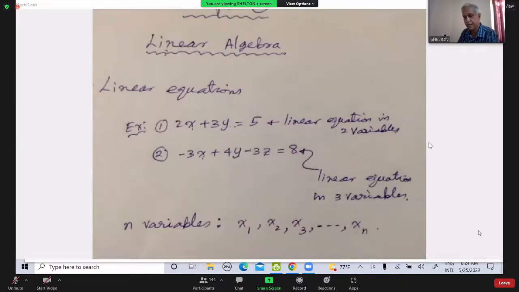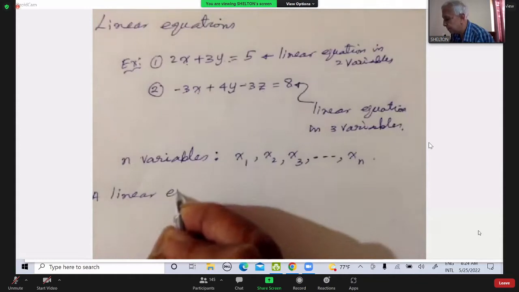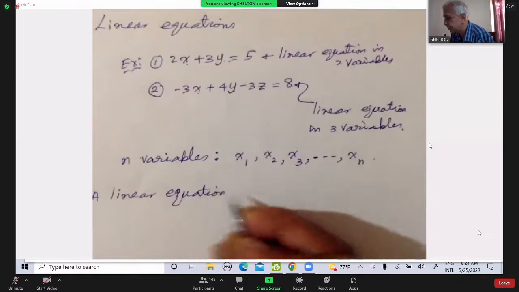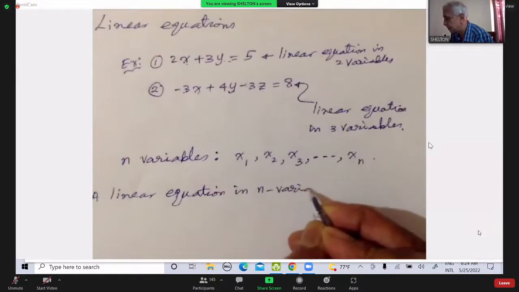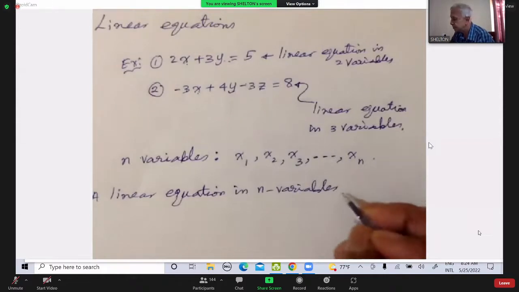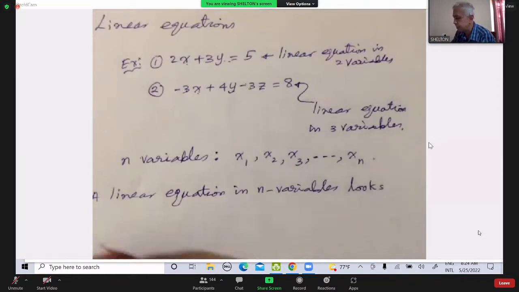So what is a linear equation in n variables? A linear equation in n variables looks like what?